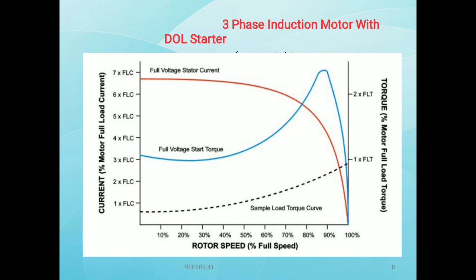So FLC is nothing but full load current, and the x-axis is full load speed percent, and the y-axis on the right side is torque. So torque is given. Observe how this graph is drawn.